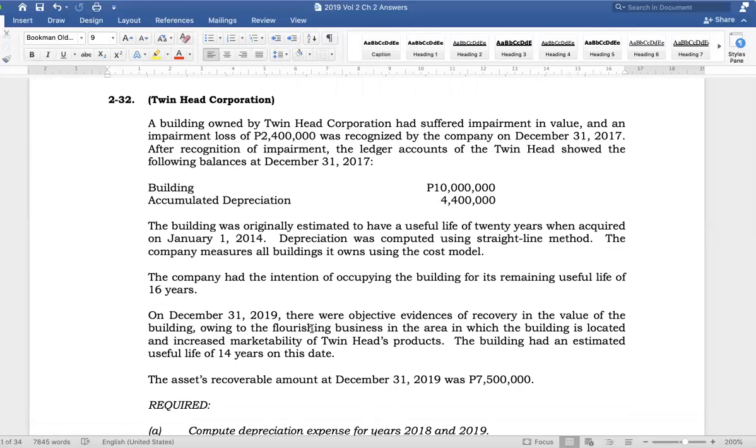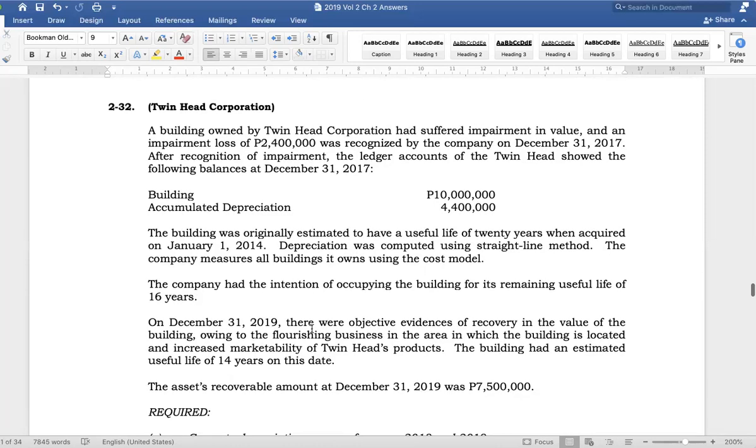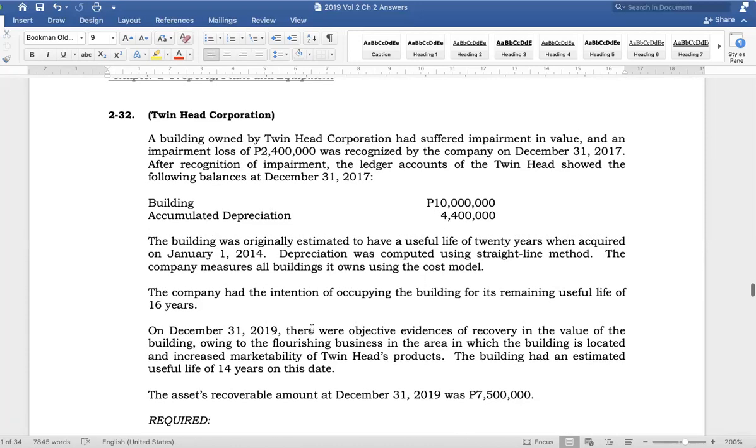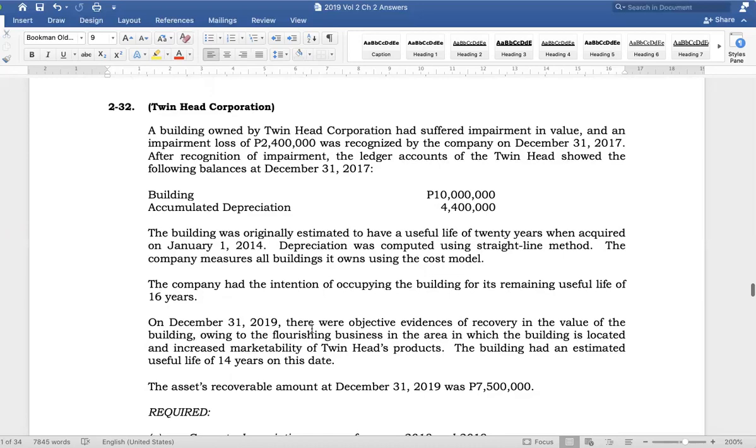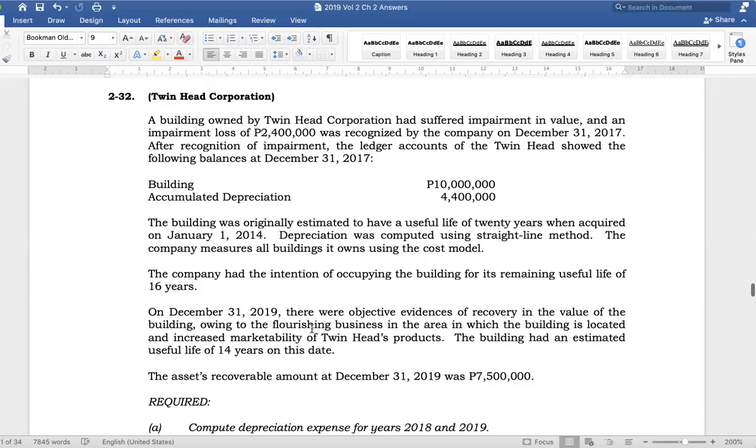So if the previous indicators for impairment are no longer present, then it is already appropriate to recognize recovery. So let us proceed. Let us read first the information provided by 2-32.